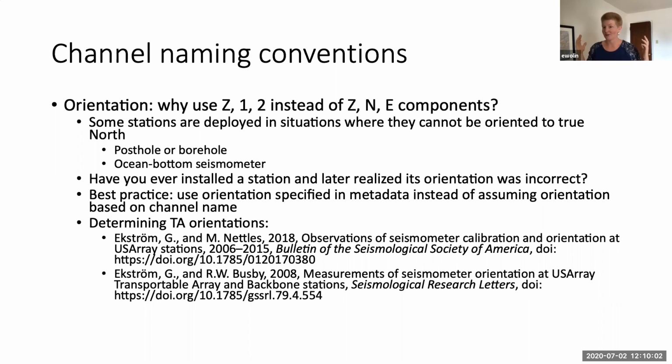I know when I was deploying sensors as a graduate student, we got a sensor very nicely lined up with a north-south line, only to be analyzing data a few months later and find out that we had oriented the seismometer south. So in that case, we went back and renamed those channels so that they were Z, 1, 2, and then I described that the one component is pointing at 180 degrees and 2 is pointing at 270.